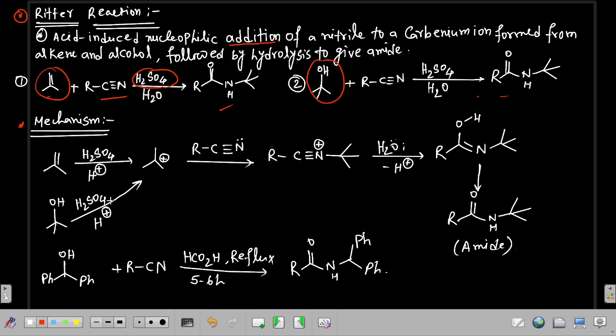So we can generate a carbonium ion via two ways. We can use this alkene or this alcohol in the acid catalyzed system. So in presence of acid, the alkene will abstract this H plus from the system, so it will form this carbocation.